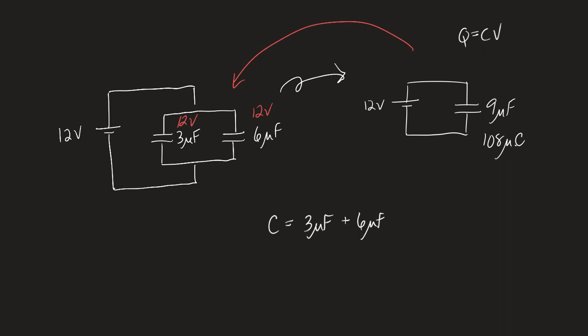So I apply my 12 volts. And now you individually find the charge on each of those capacitors. 3 times 12, 36 microcoulombs, and 6 times 12, 72 microcoulombs. And they should add up to be the charge that was there before. Again, all sorts of internal ways to check your work.